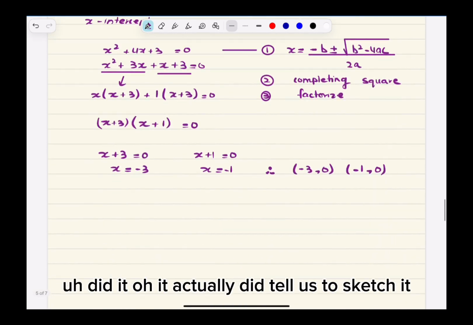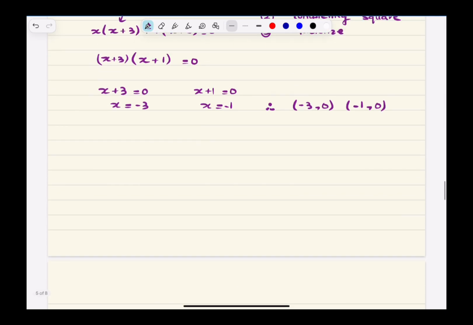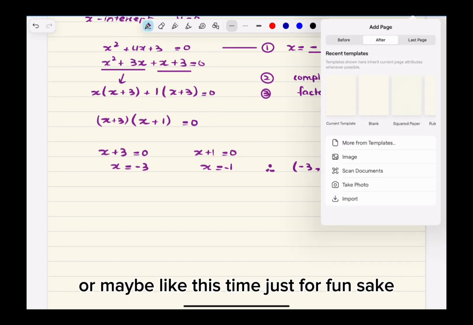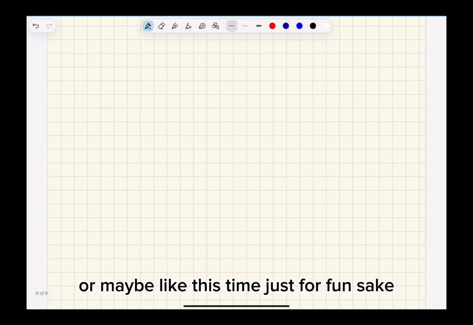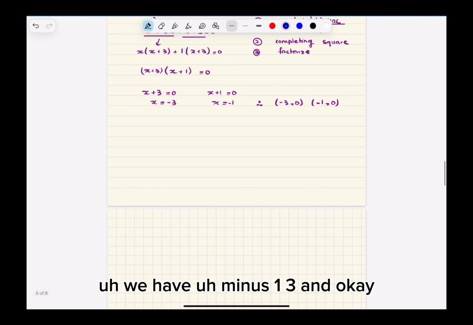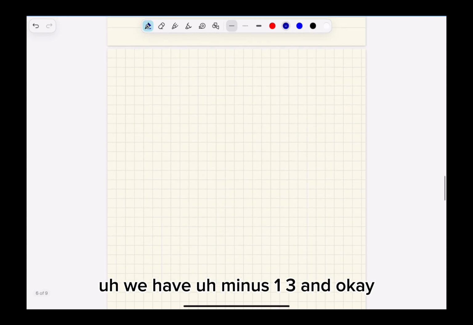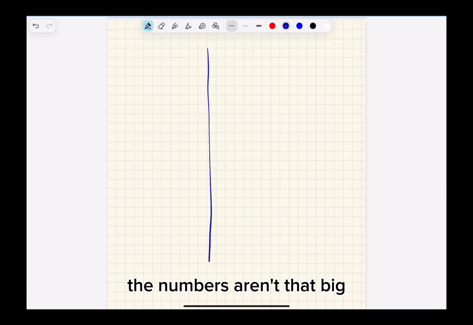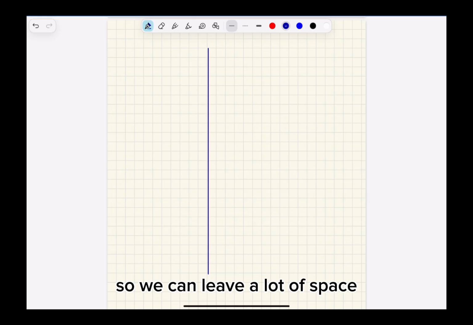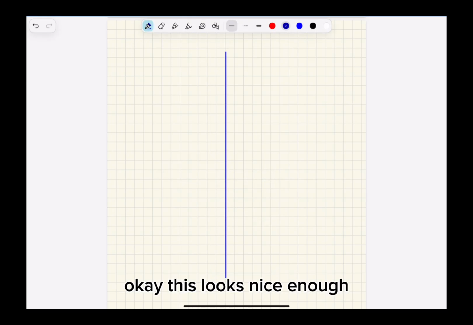It actually did tell us to sketch it. So let's sketch it. Or maybe this time, just for fun's sake, let's use graph paper. Okay. We have minus 1, 3, and okay, the numbers aren't that big, so we can leave a lot of space. Okay, this looks nice enough.